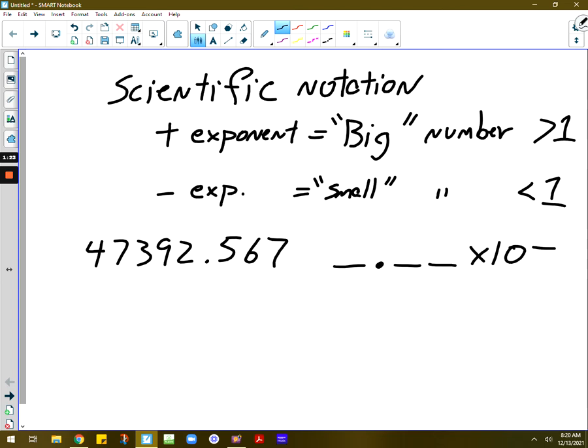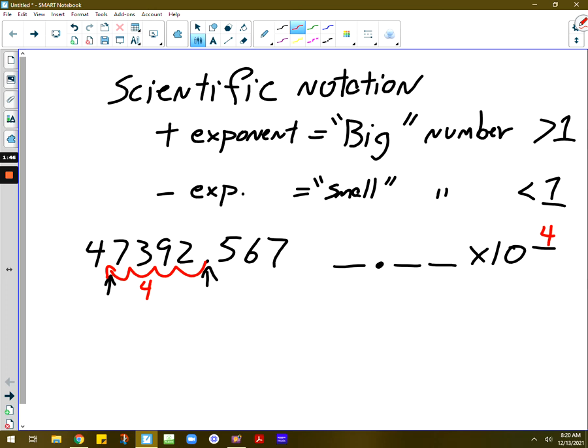The times 10 is how many places I have to move the decimal to get it from where it currently is to where I want it to be. So I count jumps. It's going to be 1, 2, 3, 4 jumps. And since this is a number bigger than 1, this is a positive 4 exponent.